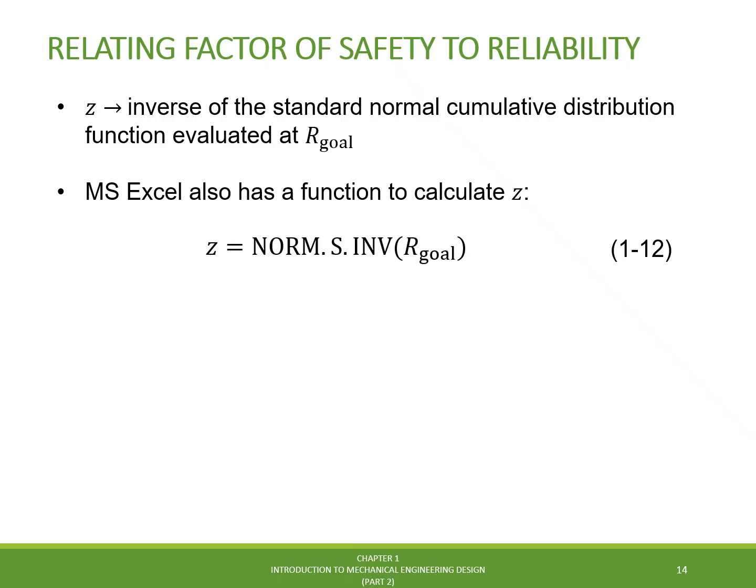Then we're going to use the function NORM.S.INV. And the parameter to be used on that is our target reliability, or the goal reliability. So this R goal usually is given, and it's given, as I mentioned in the previous slide, based on the amount of risk we are going to take in order to accomplish the design task.